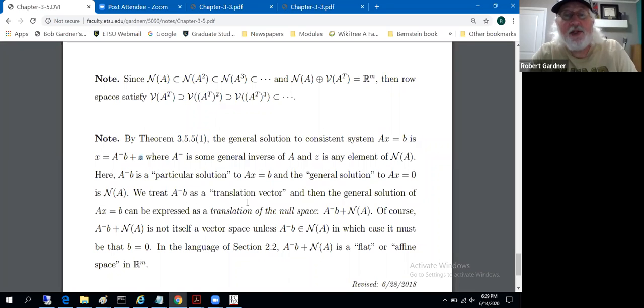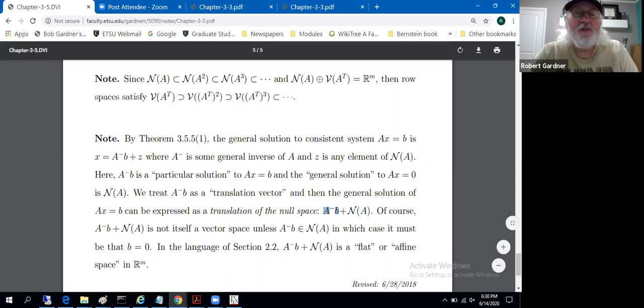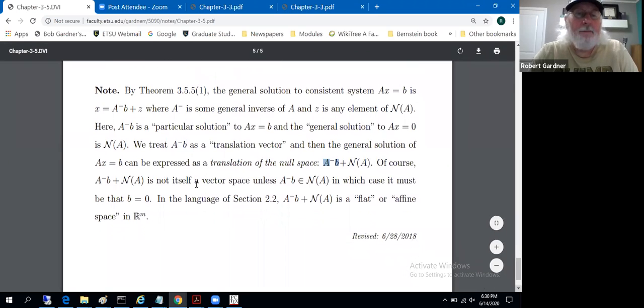Linear differential equations, where all the linear algebra is valid. This particular solution is a translation. And the general solution of Ax equals b is a translation of a vector space. There's a vector space and there's a translation vector. So we're writing general solutions as translations of vector spaces. This may not be a vector space itself, right? It might not have a zero vector, for one thing.